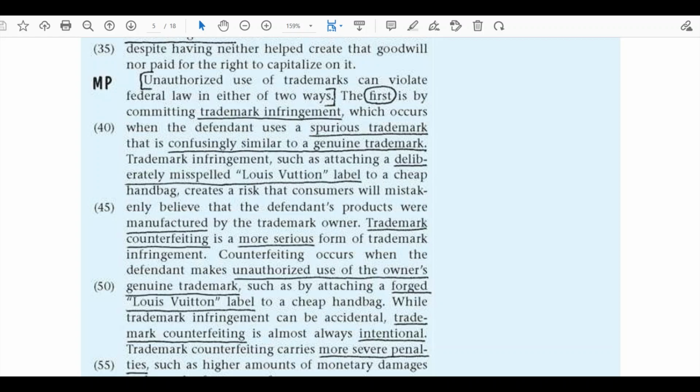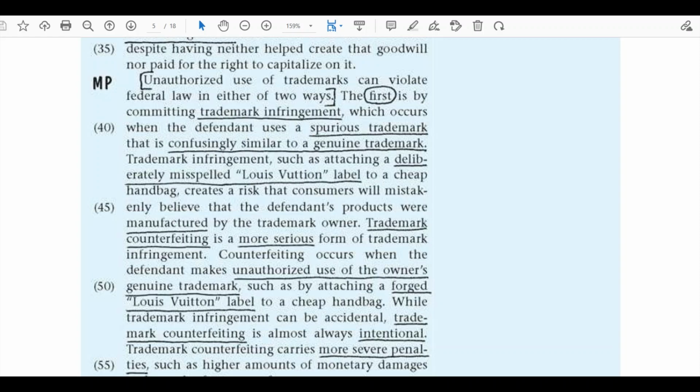Trademark counterfeiting is a more serious form of trademark infringement. Counterfeiting occurs when the defendant makes unauthorized use of the owner's genuine trademark, such as by attaching a forged Louis Vuitton label to a cheap handbag.